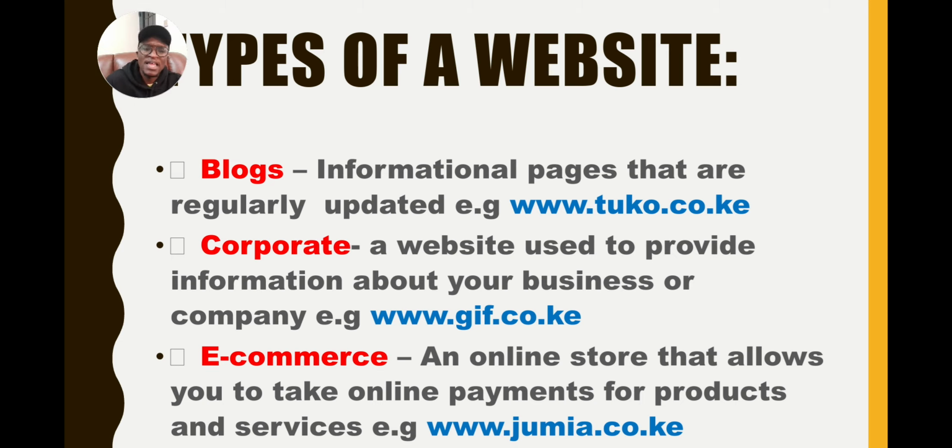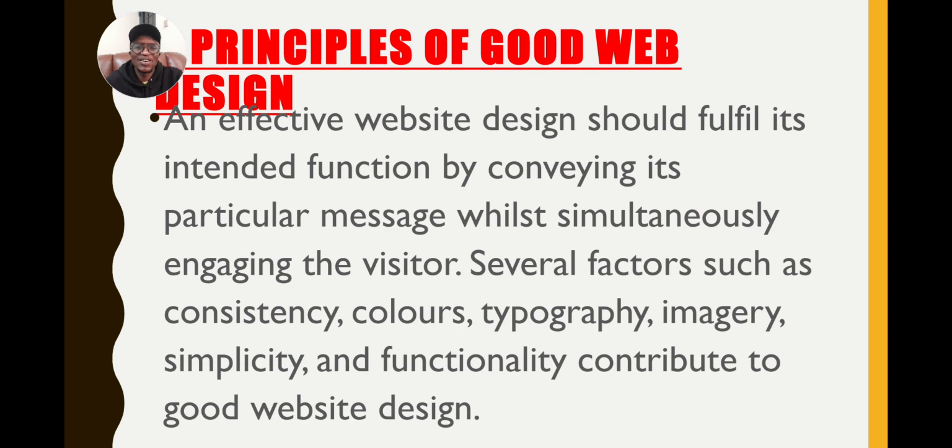You know what I'm saying. Then we have the e-commerce site, the third most common type of website, which refers to an online store that allows you to take online payments for products and services. Example being jumia.co.ke. Another example would be amazon.com, which is the biggest e-commerce website in the world today.